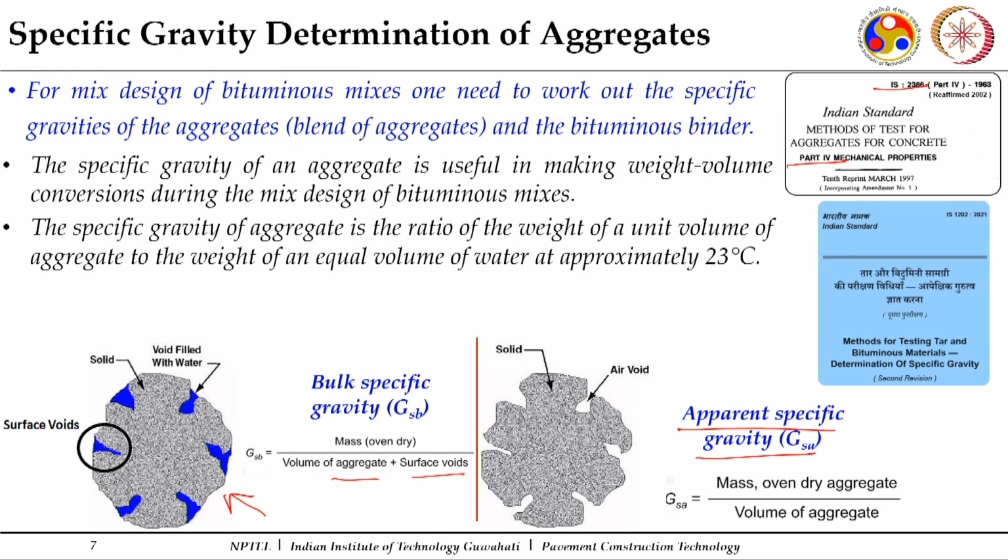Similarly, you need to work out the specific gravity for your bitumen also. The one which considers the surface voids filled with water as a part of the aggregate is known as the bulk specific gravity, GSB, and this is the one used during mix design exercises. The apparent specific gravity is just for comparison, to show the difference between it and GSB.